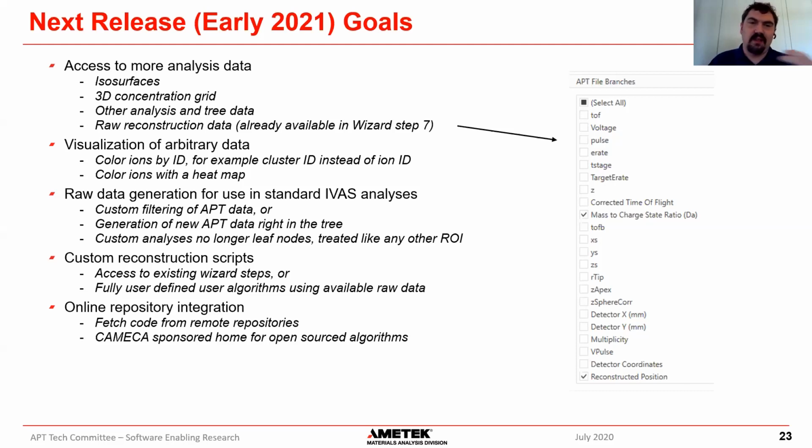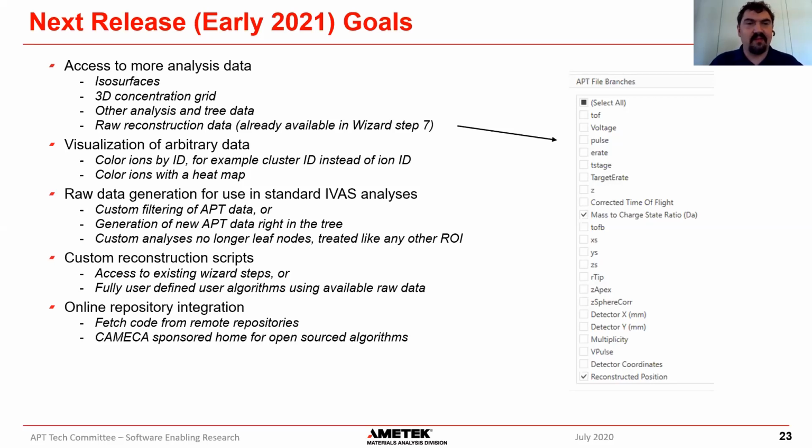You can also see the 3D concentration grid or isosurfaces from other nodes in the tree. And also you can get access to any type of raw data available. Right now, you can just see your standard POS data, XYZ, mass. In the future, you'll be able to see any of the things on the right side of the screen here.